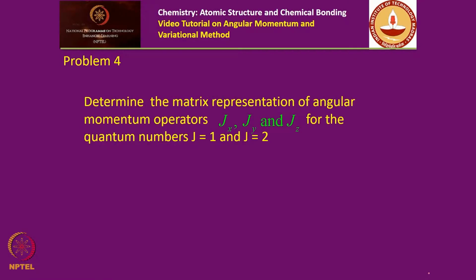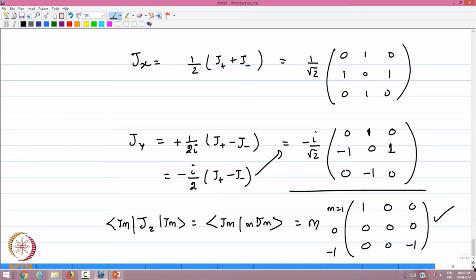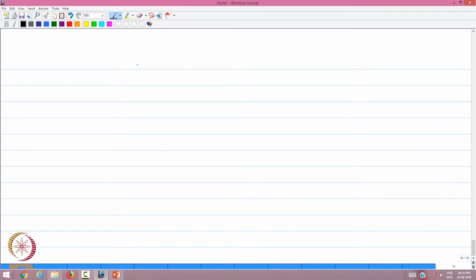And the basis set for j equal to 2 is identical in principle for the calculations, but there are 5 basis functions and the basis set is given by these 5 basis functions: |2,2>, |2,1>, |2,0>, |2,-1> and |2,-2>.